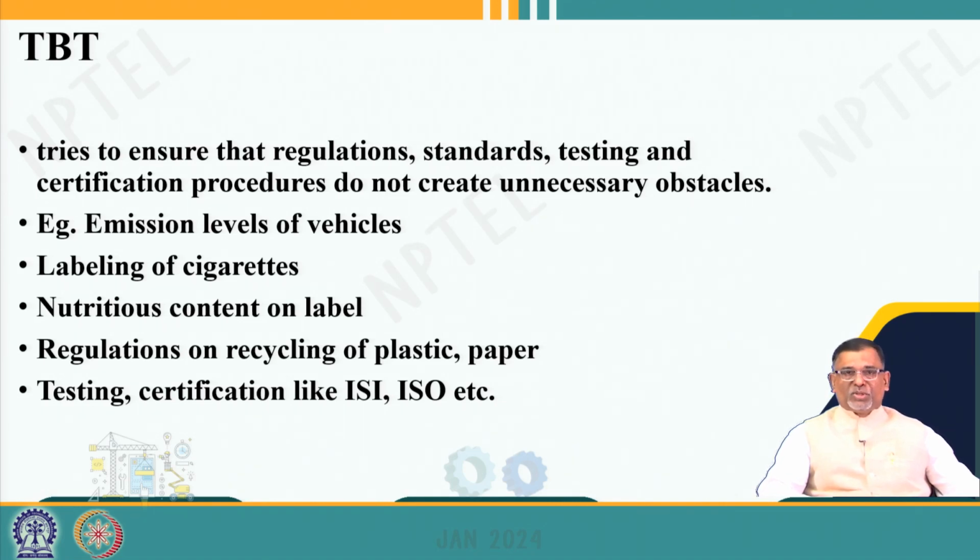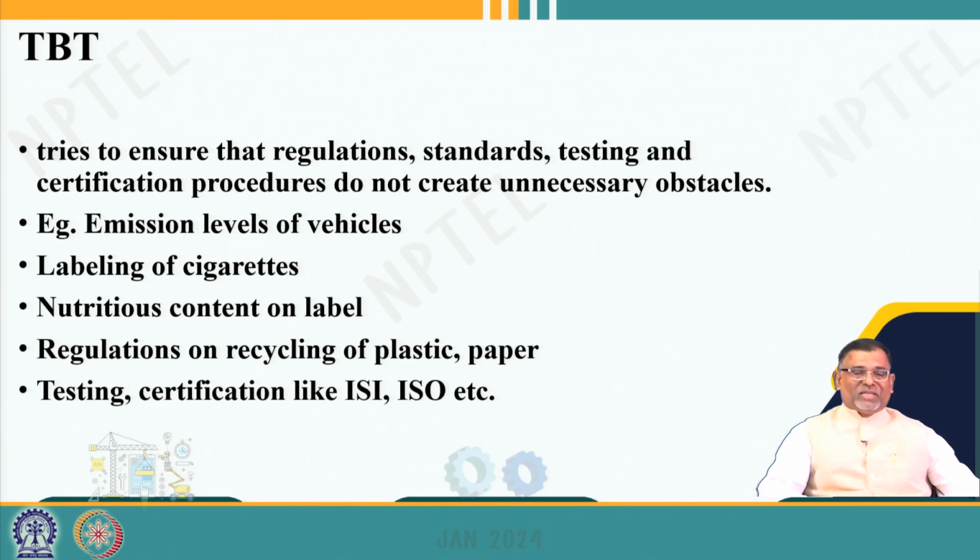Other examples you can see are emission standards, like Euro 1, 2, 3 or 4 or 5, 6 even. Then the nutritious content of food packets, the standards for recycling paper and plastic, and testing standards, testing and certification is another area under the TBT.